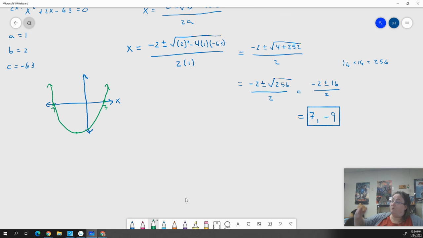Same thing with any polynomial. Like if we moved on to something to the third or fourth or fifth power, our solutions would still be where we're crossing the x-axis. And you'll hear them called all sorts of things, roots and zeros and intercepts and solutions, but ultimately that's what we're talking about, where we're crossing the x-axis on a graph.